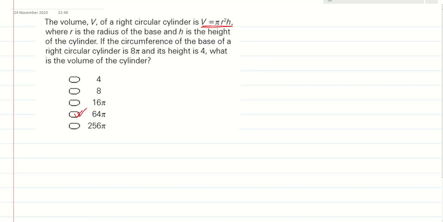Very simple, no? How much is given for the circumference of the base? It means 2 pi r equals 8 pi. So what is the radius r? 4. What is the height? 4. So just plug in here. That's all, no?